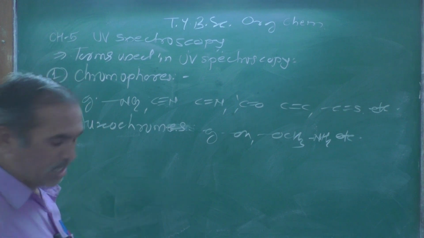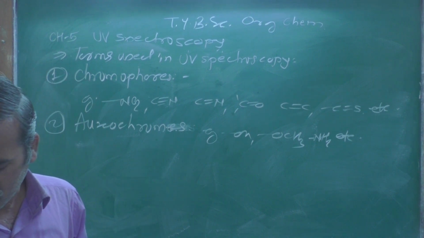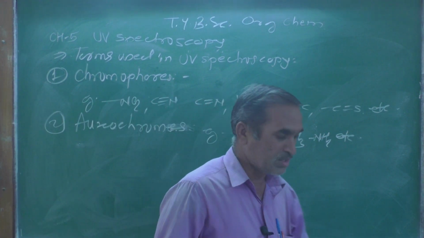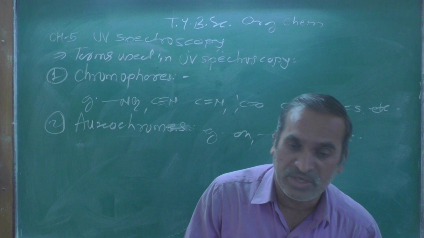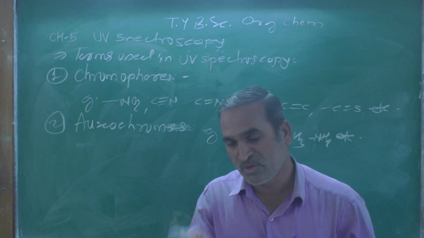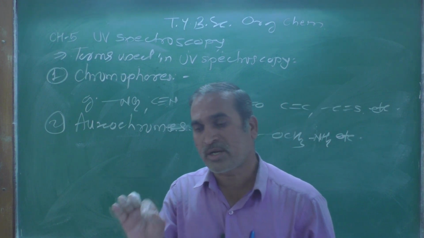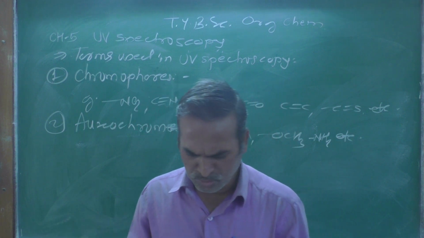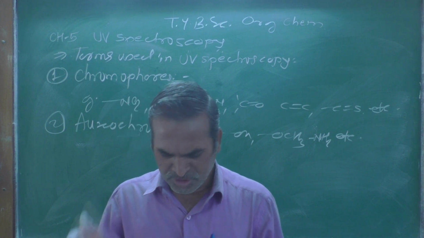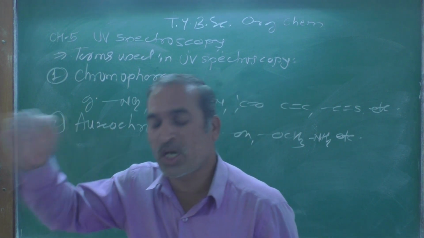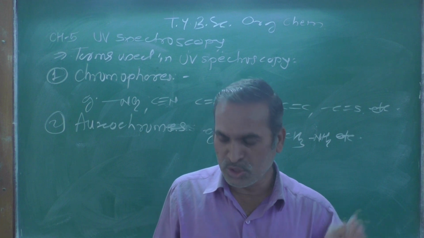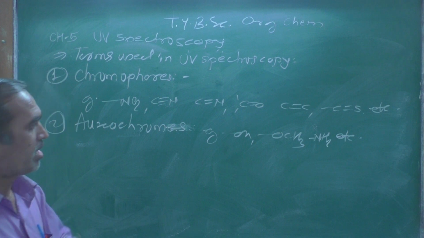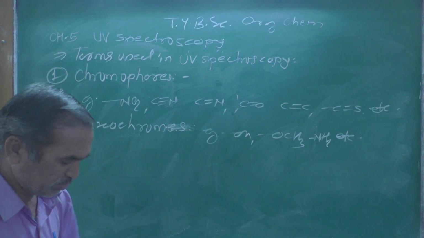How do you define an auxochrome? An auxochrome is a functional group which does not absorb UV radiation, but when attached to a chromophore, shifts the absorption to longer wavelength. The examples are OH, OCH3, NH2.